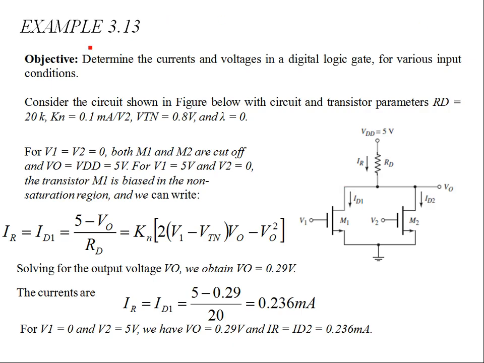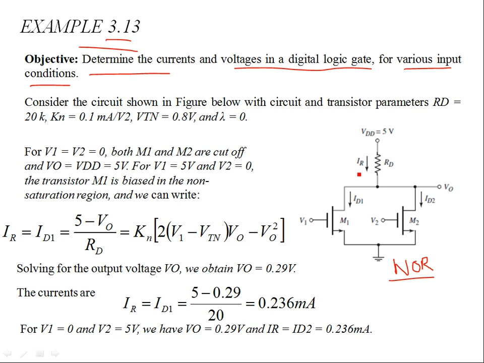Now, this is example 3.13 from your course text. The objective is to carry out the DC analysis to further understand the operation of a NOR logic function in terms of the IV characteristics of the MOSFET. So the objective is to determine the currents and voltages in a digital logic gate for various input conditions.